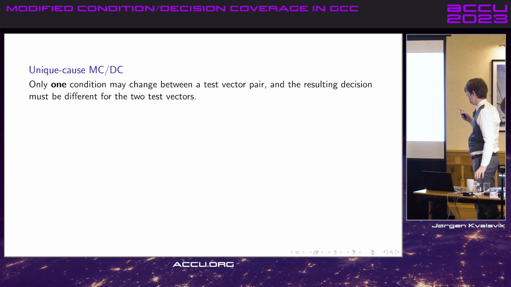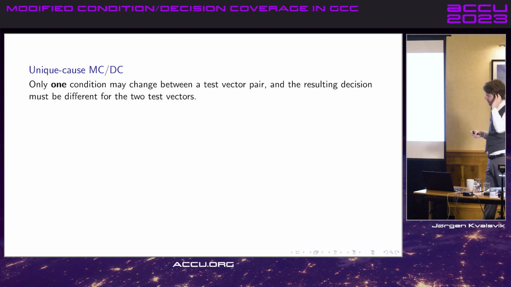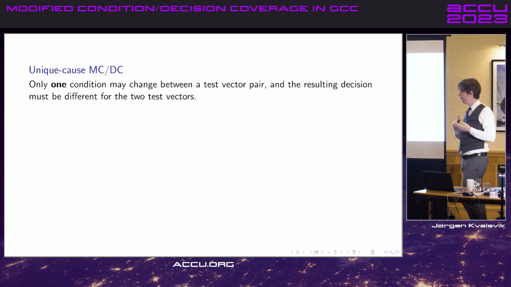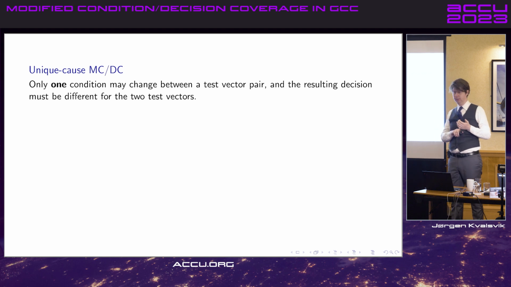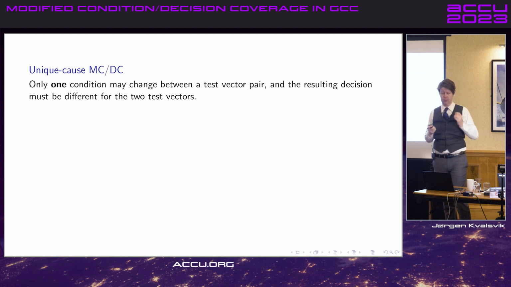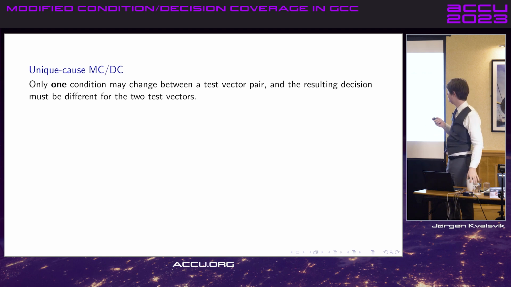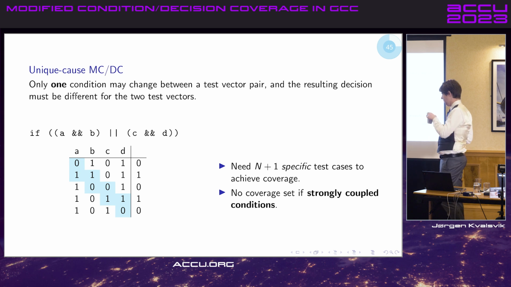Okay, so we have a couple of types of MCDC. We're going to cover two of them. The first is the unique cause, which states that only one condition may change between a test vector pair, and the resulting decision must be different between the two. So here's an example of that.